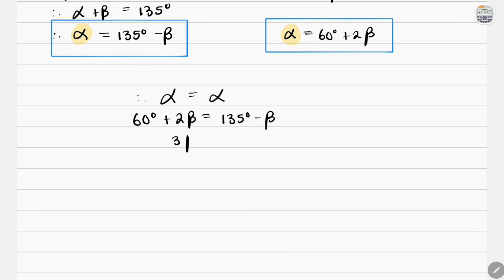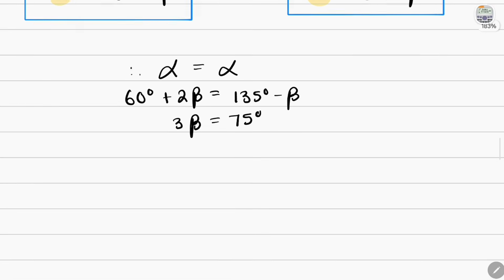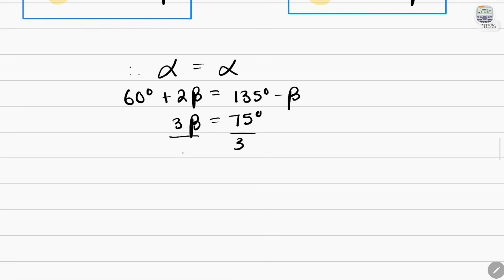So this is 3 beta equals 135 degrees minus 60 degrees. It's 105 minus 30. So we have 75 degrees. And then divide both hand sides by 3 to finally get that beta is equal to 25 degrees.